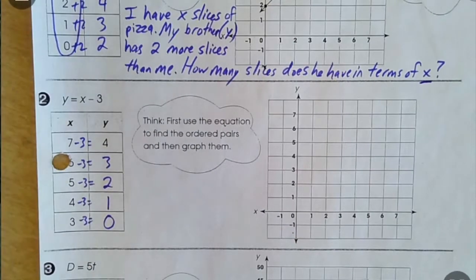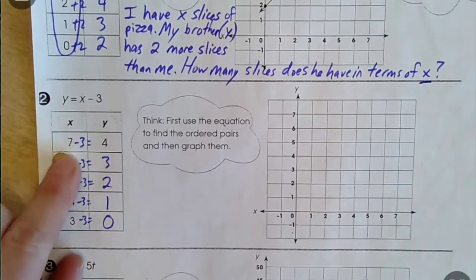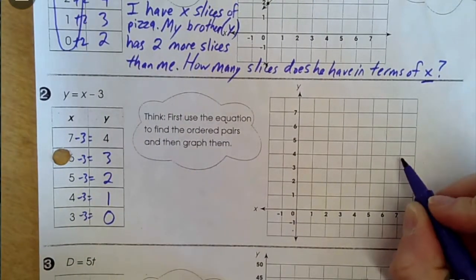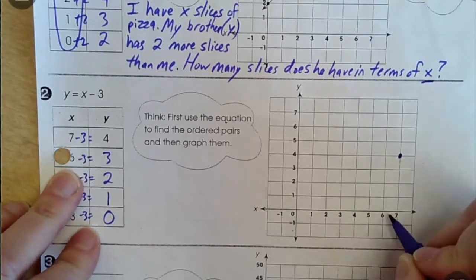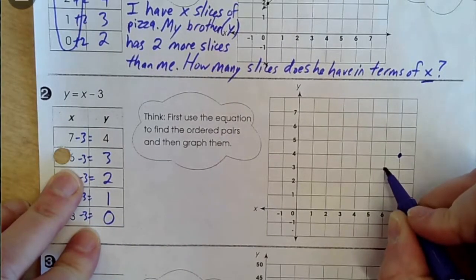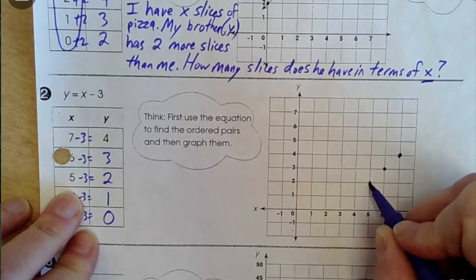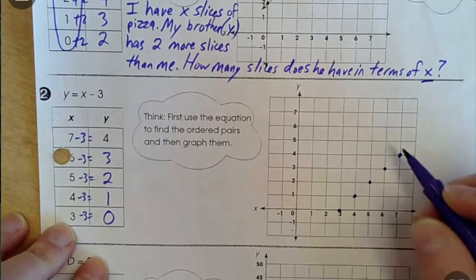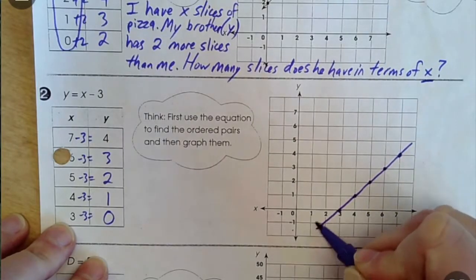And then in order to graph that, over 7 and up 4, because of your x-axis, over 6, up 3, over 5, up 2, over 4, up 1, over 3, and this is linear, they fall on a straight line, which is good.